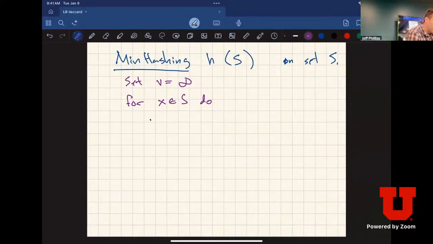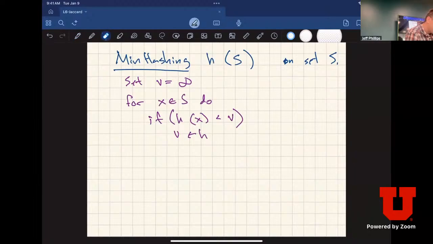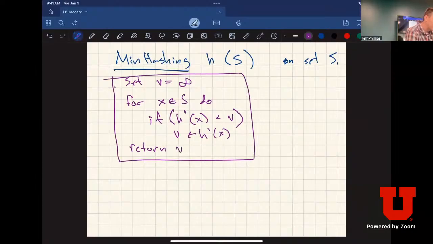Now I'm going to say, if h prime of x is less than v, then v gets h prime of x. And then I'm just going to return v. So this is the algorithm that defines this function h.